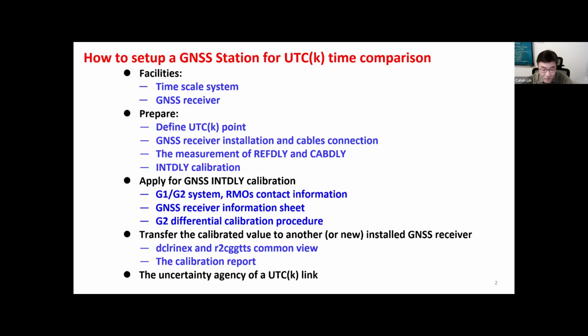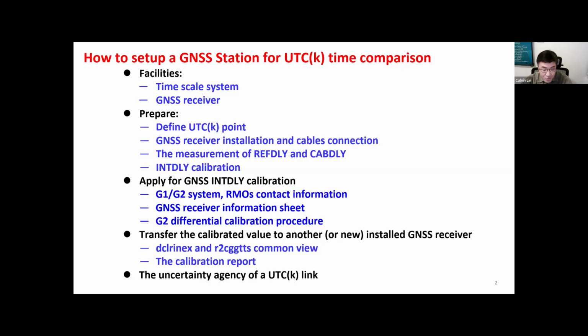Before we implement the GNSS time transfer, we also need a defined UTC K point. And we have to install the GNSS receiver, including the cable connection. Then we have to measure the reference delay and internal cable delay and calibrate the internal delay.